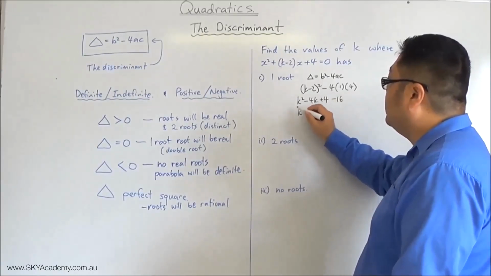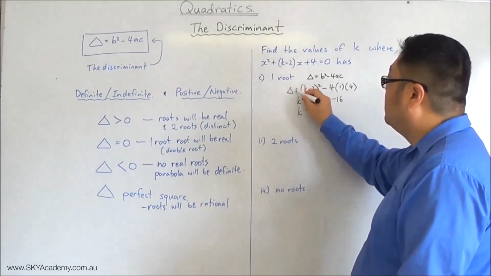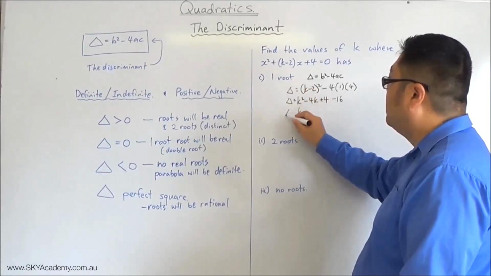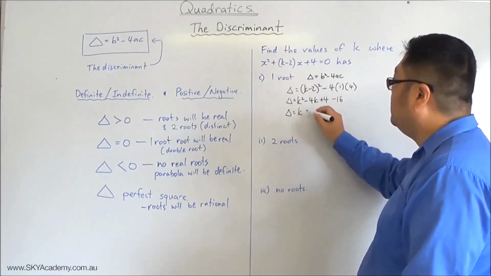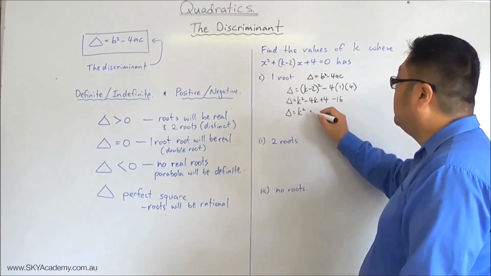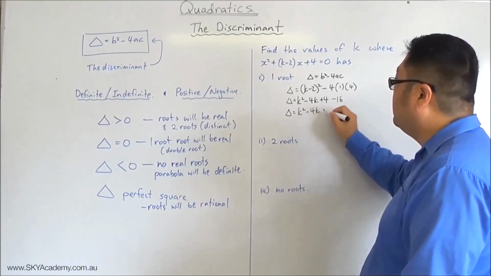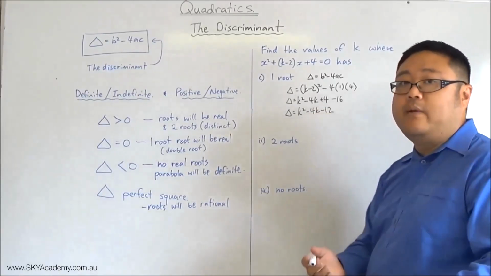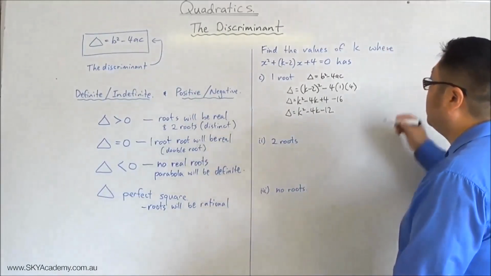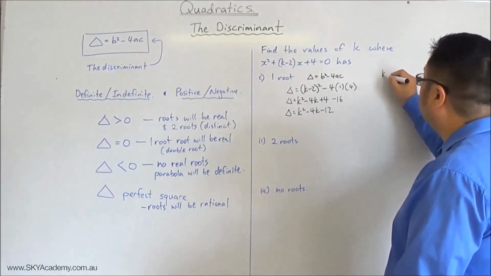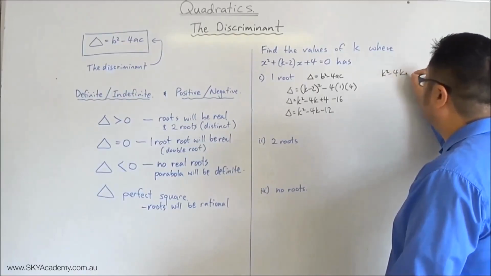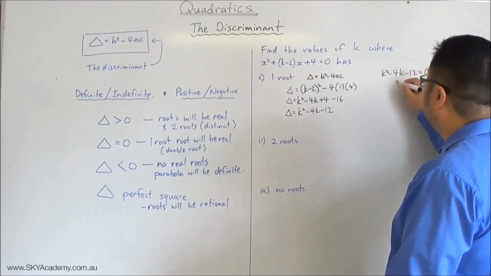So your discriminant is equal to k squared minus 4k minus 12. And when will that be equal to 0?